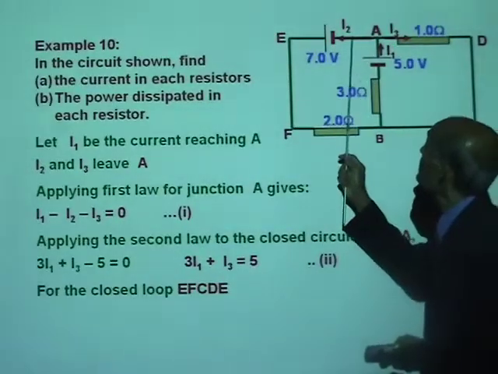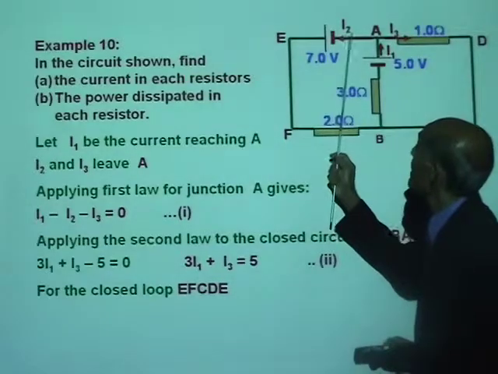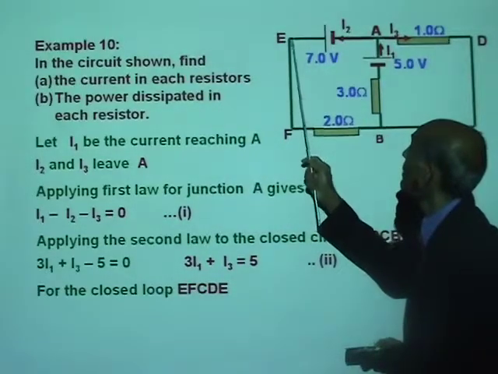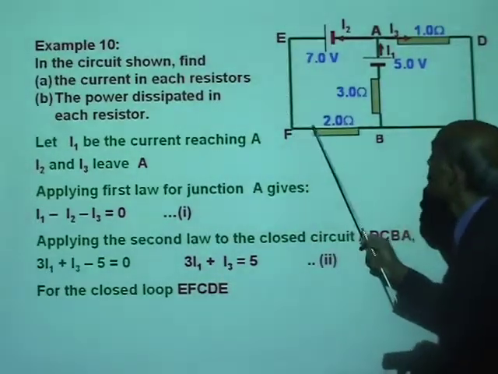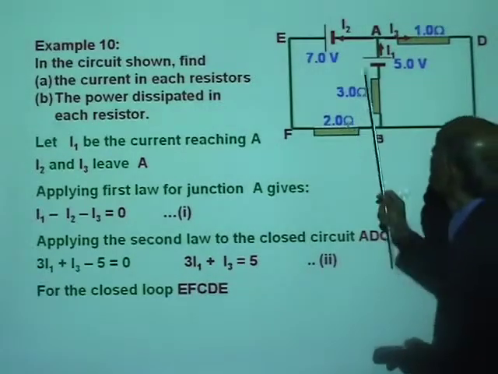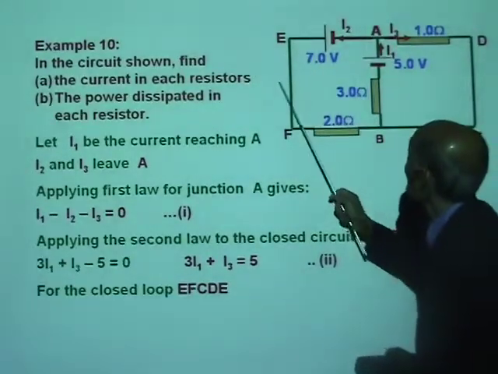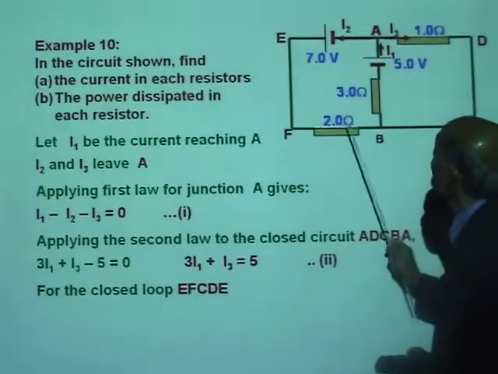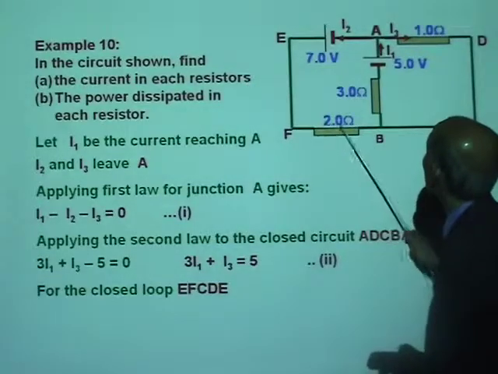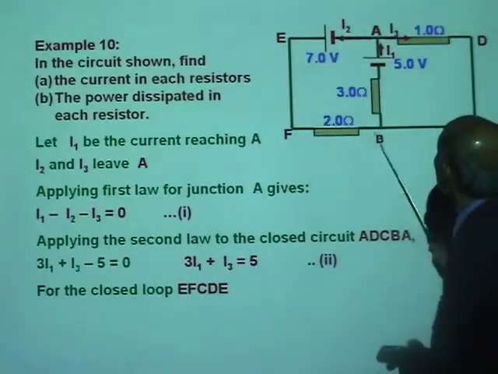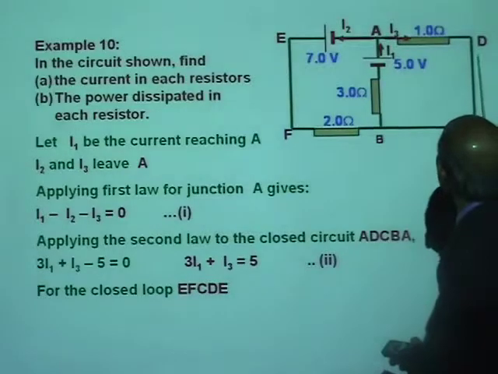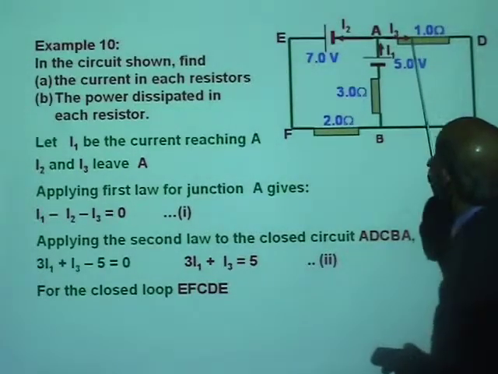If I2 is the current there, that's the current that passes through the cell, which will now come and pass through the 2 ohm. So that is in the same direction as the loop. So that will be 2I2. And watch this. The loop is going in that direction. The current I3 is opposite.